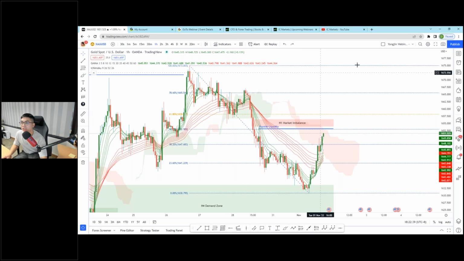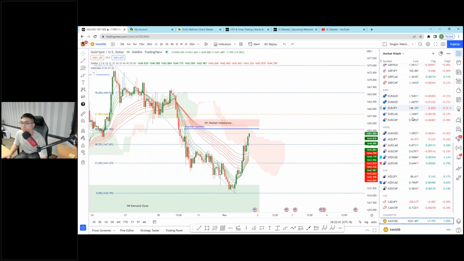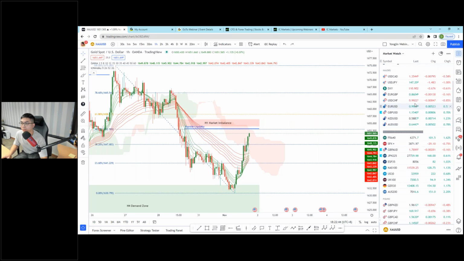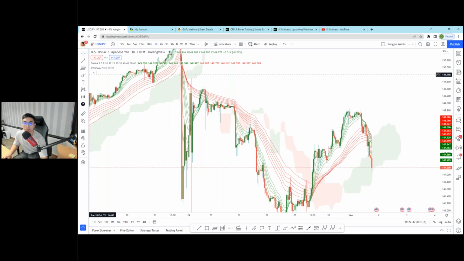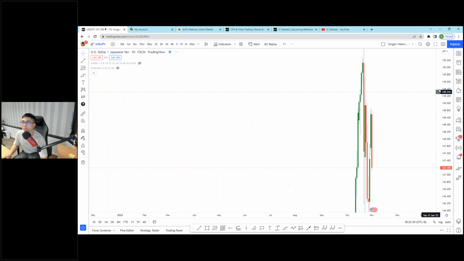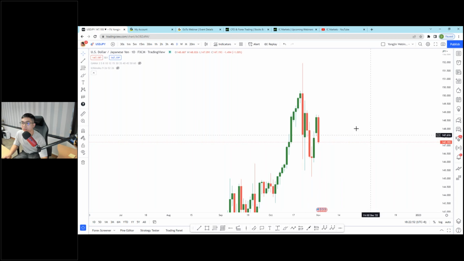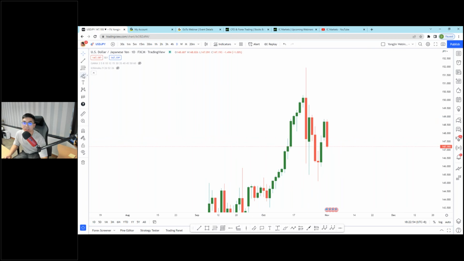Okay, USD JPY. Let me take a quick look on the daily and mark it out quite fast. There's this intervention right here. They spent like $40 billion selling or buying JPY.